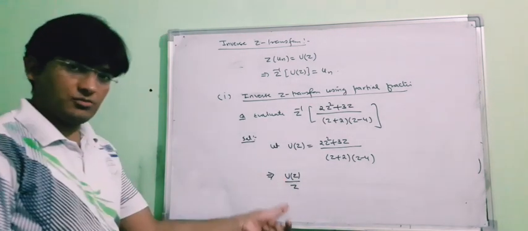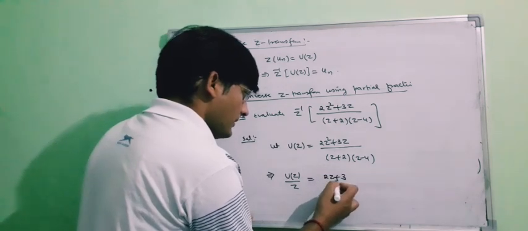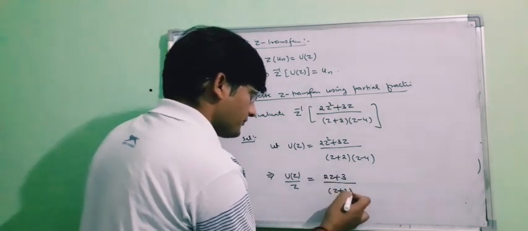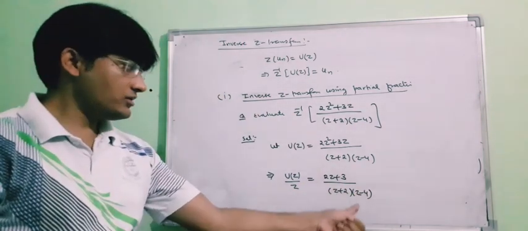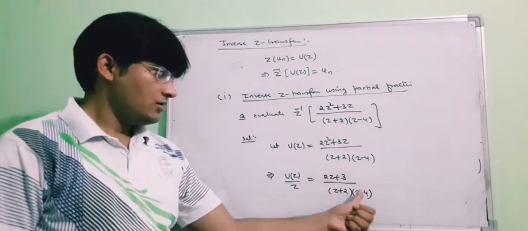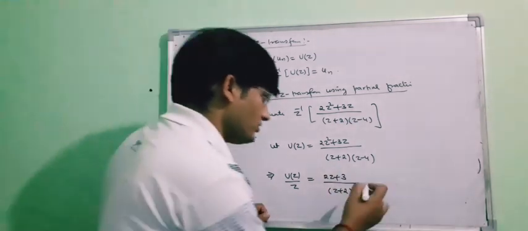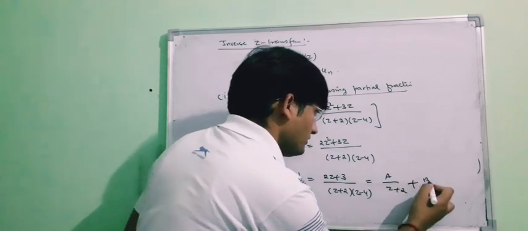Now if you take uz upon z, then in the right hand side we will have (2z plus 3) divided by (z plus 2)(z minus 4). And let us find out the inverse transformation of this. Let us break this using the partial fraction. So this will be your a upon z plus 2 plus b upon z minus 4.